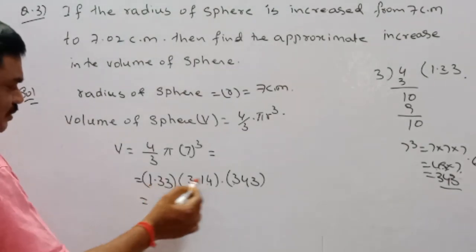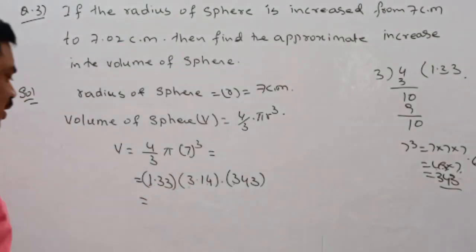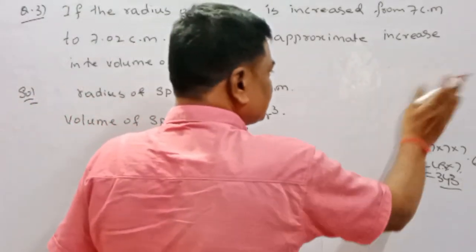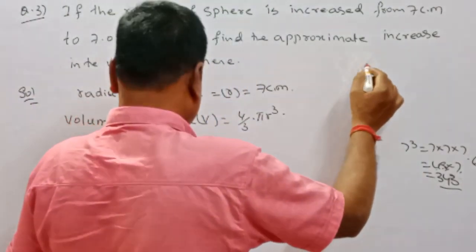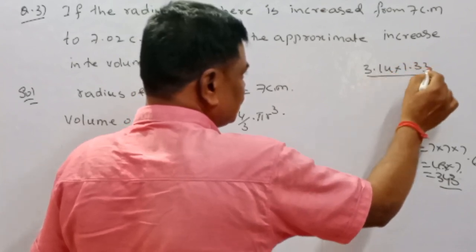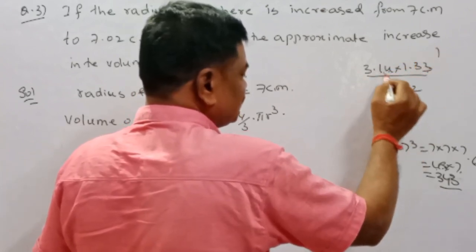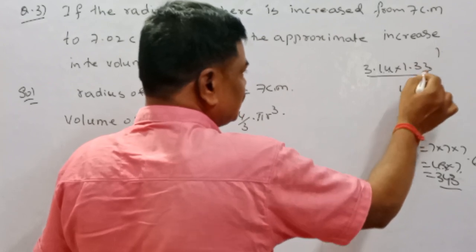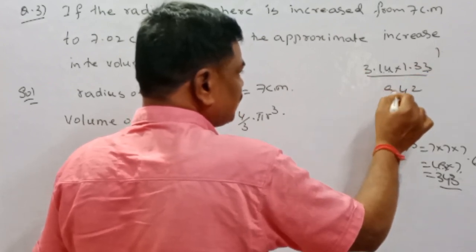Then you can multiply these two, 3.14 into 1.33. 3 4s are 12, 3 1s are 3 plus 1, 4. 3 3s are 9.